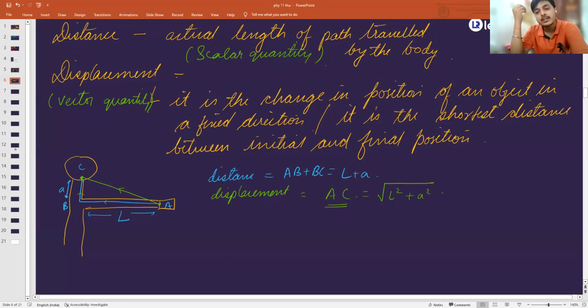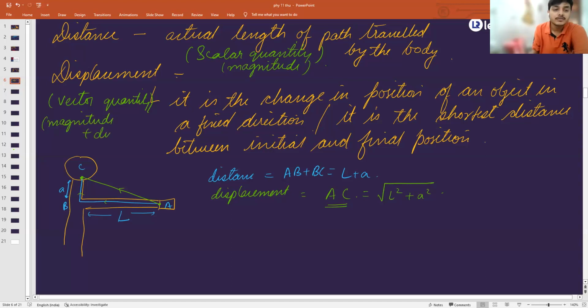Right. So scalar quantity means it just needs the magnitude, no direction. While displacement requires magnitude plus direction. To get it specified, you need to tell both.